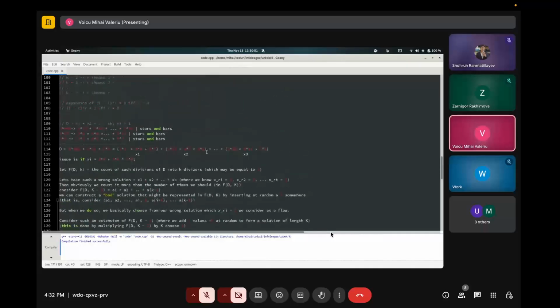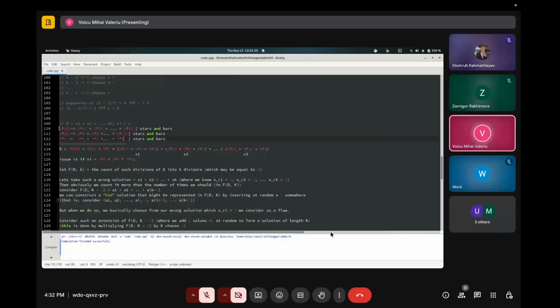So what we do with the stars and bars is that we distribute powers of 2, or 3, or 5 that compose D to each of the divisor slots that compose D. So in this example, 2 to the power of 100, we split it as 2 to the power of 17 times 2 to the power of 15 and so on.